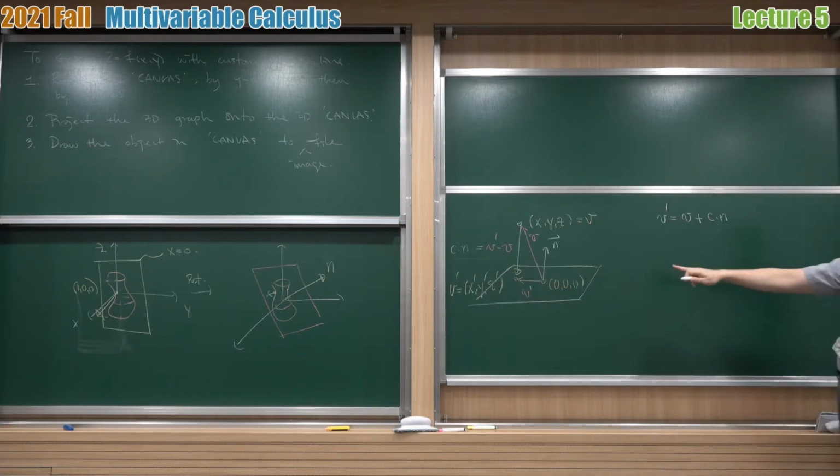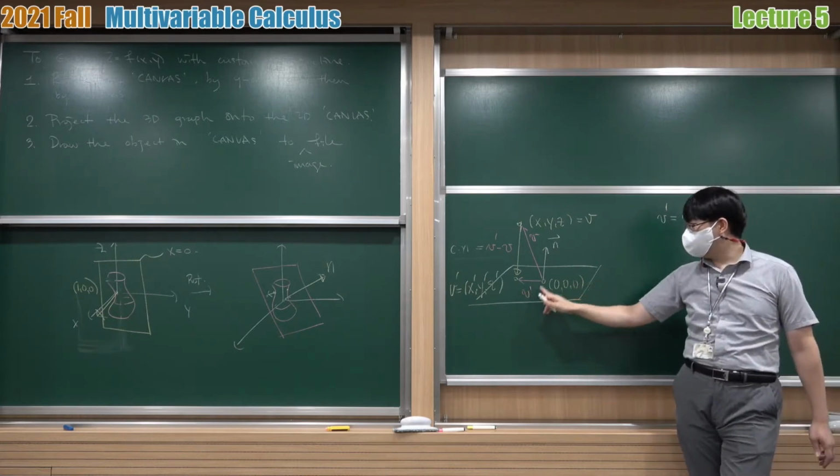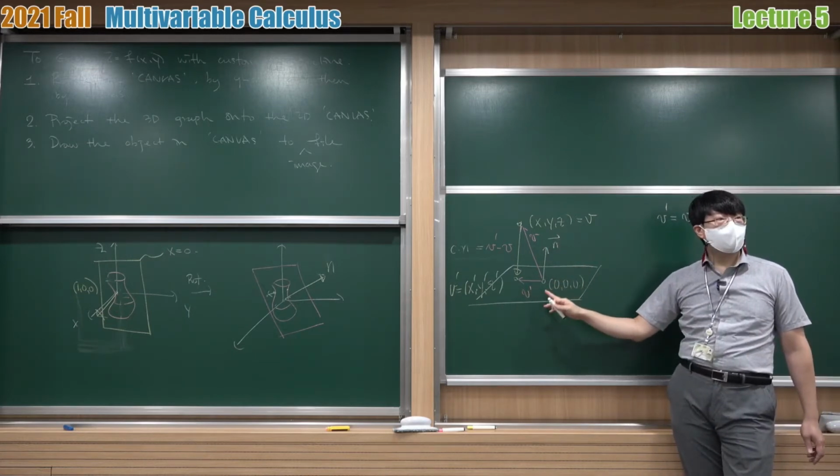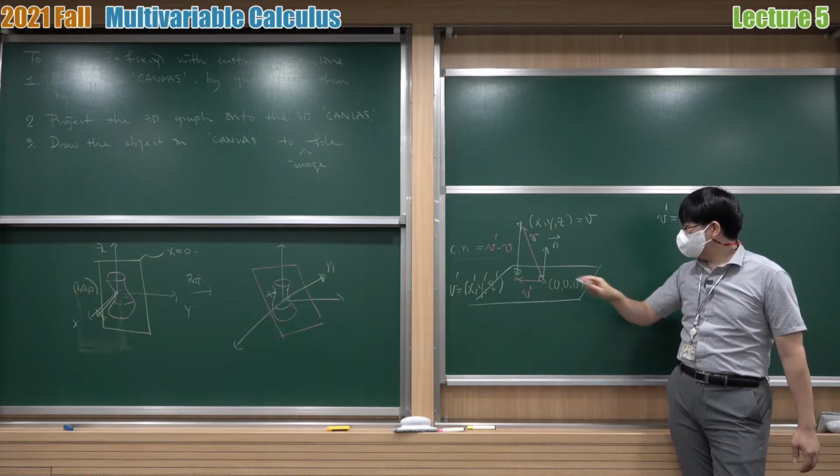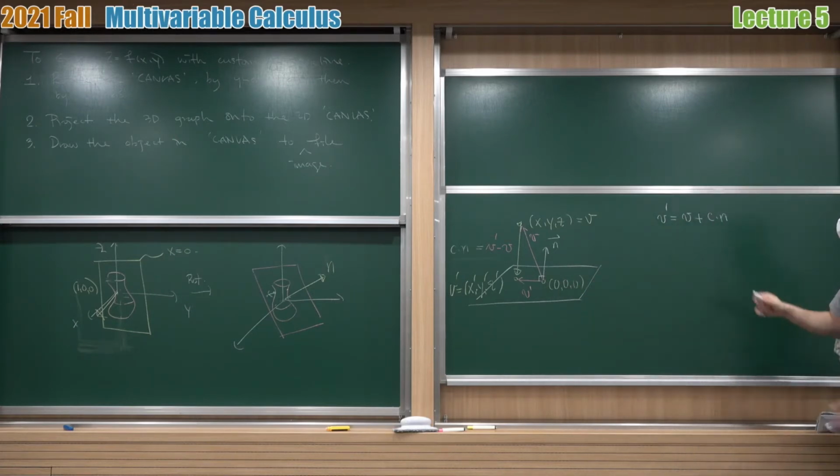And what's the relation between v prime and n? They are perpendicular. They are in a right angle position. So what kind of equation can you set up with two vectors which are in the perpendicular position?